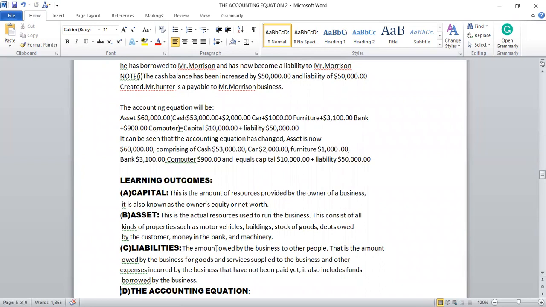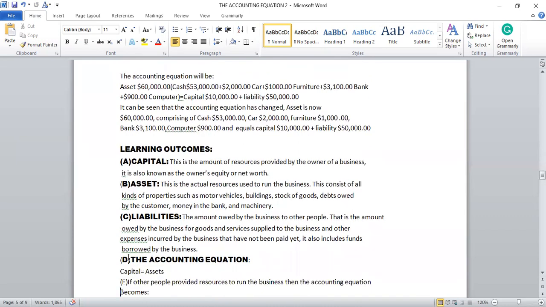Liability is the amount owed by the business to other people. That is the amount owed by the business for goods and services supplied to the business and other expenses incurred by the business that have not been paid yet. It also includes funds borrowed by the business.